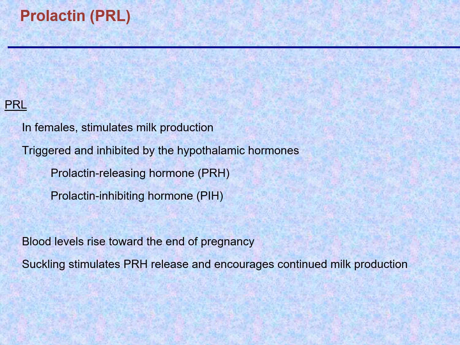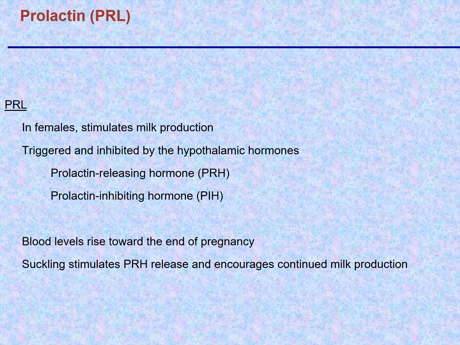It is under the control of two hypothalamic hormones, a releasing hormone and an inhibiting hormone. So it has a regulation, like some of the others, of hypothalamic hormones that can trigger release or can inhibit release.